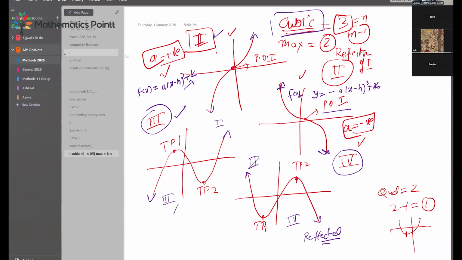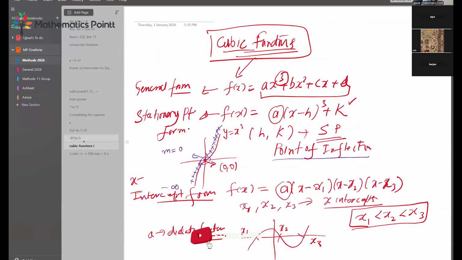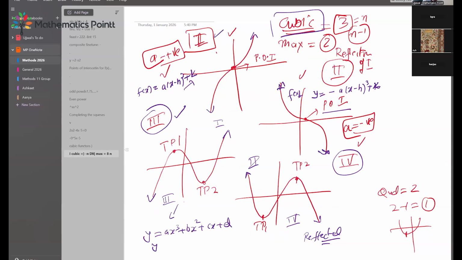Now, graph number 3 and graph number 4 can have any one of these forms, can use any one of the two forms here, which is either a general form or an intercept form, right? Which is a(x minus x1)(x minus x2)(x minus x3).